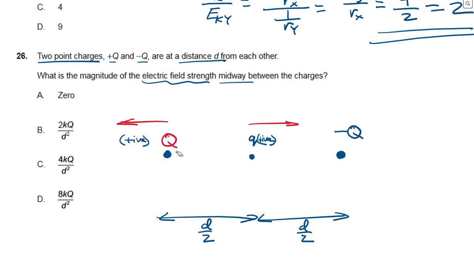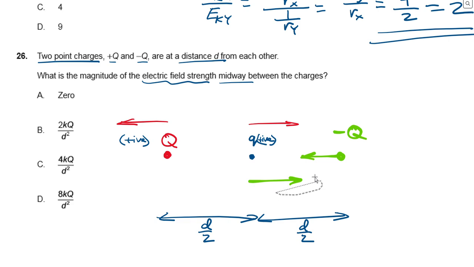Let's write it like this, and then let's use green. There's going to be another attractive force this way. It's going to be the same size because both are the same charge. And Q is going to have an attractive force this way.